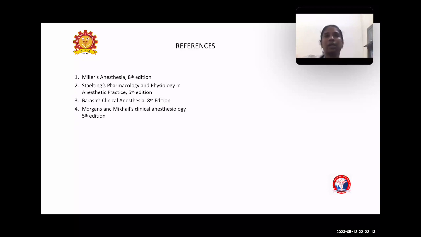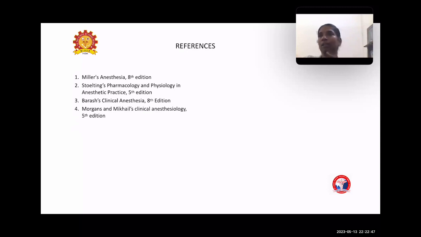So in a nutshell, what are all the topics we have seen? First we have seen the overall classification. It has been classified into two: gas and vaporizer. Under gas, what have we seen? Tell me. Then the vaporizer agents are classified into halogenated and hydrocarbon. The most important ones we are using nowadays are isoflurane, sevoflurane, enflurane, and desflurane.